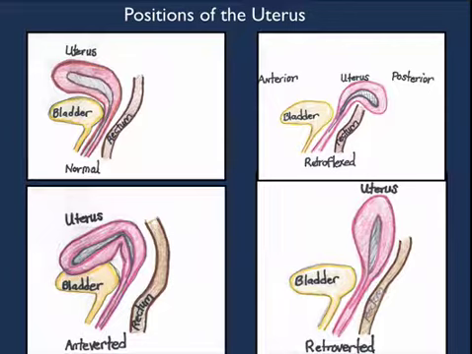In a retroverted uterus, the uterus will flex posterior towards the rectum. In a retroverted uterus, that concave structure between the cervix and the bladder will then become convex.